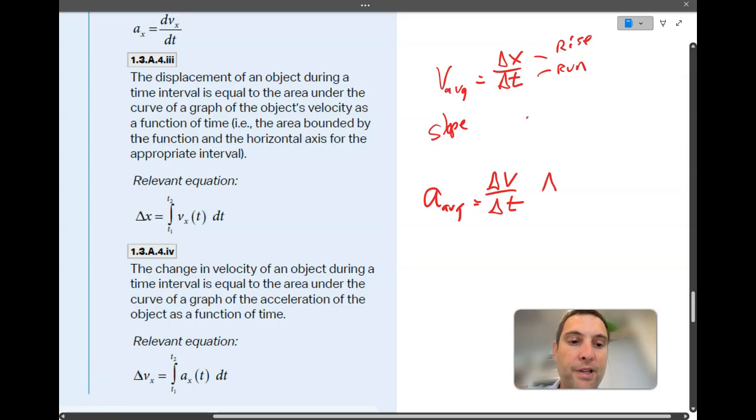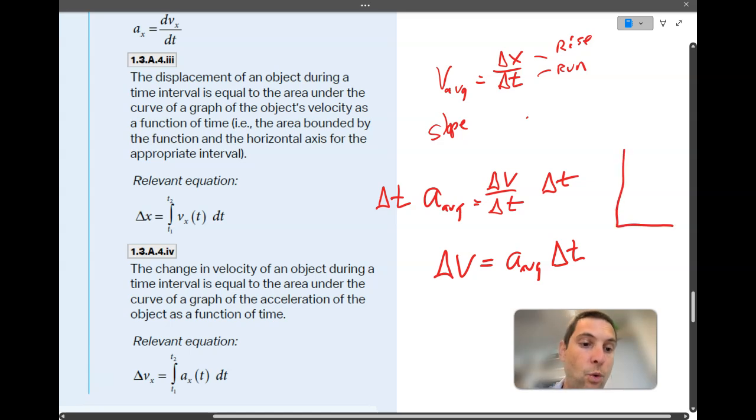But what if I multiply by delta t to each side? Now I have delta v equals a average times delta t. So now I have two quantities being multiplied. When I have two quantities being multiplied, I can plot these two, my a average versus my t, and this is just like length times width.